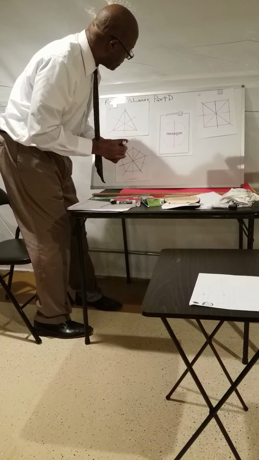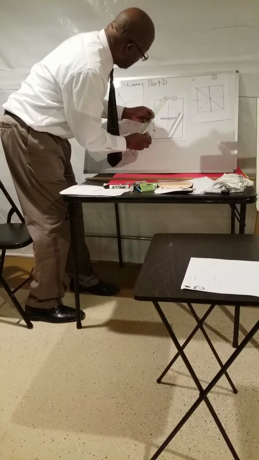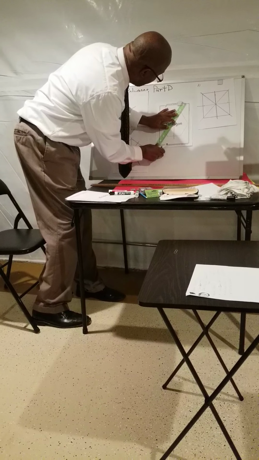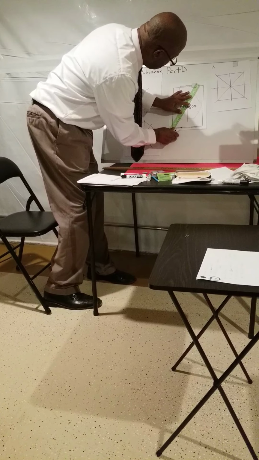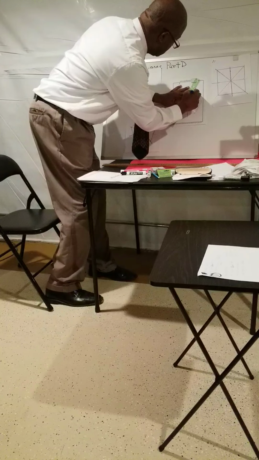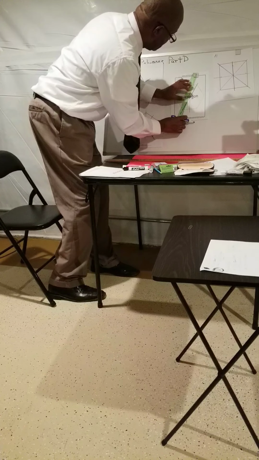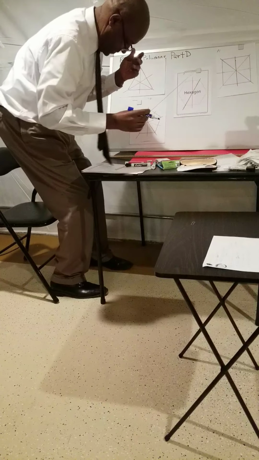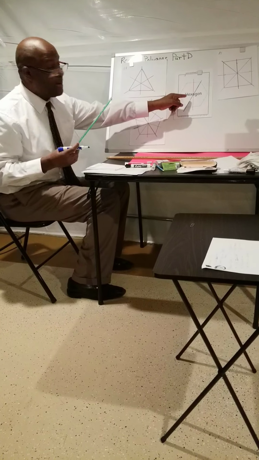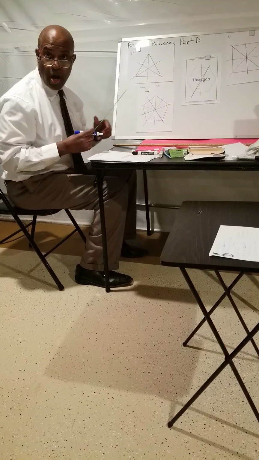Now, what else do we see? If we take a line here, now that blue line, if you fold it, becomes a line of symmetry, and both sides are line symmetric.